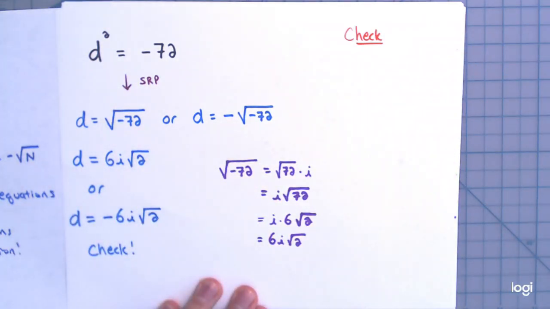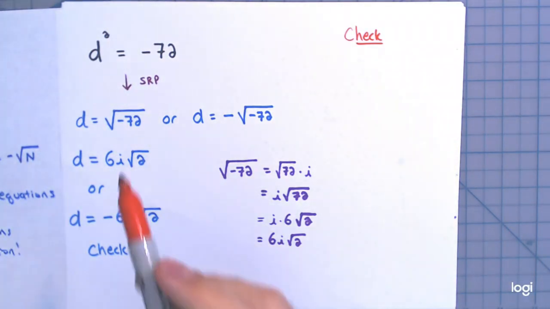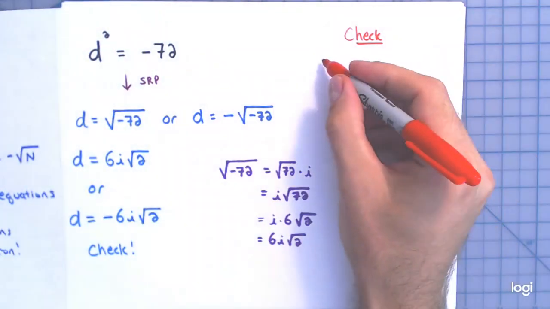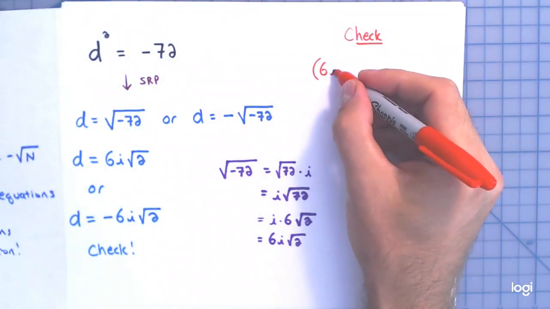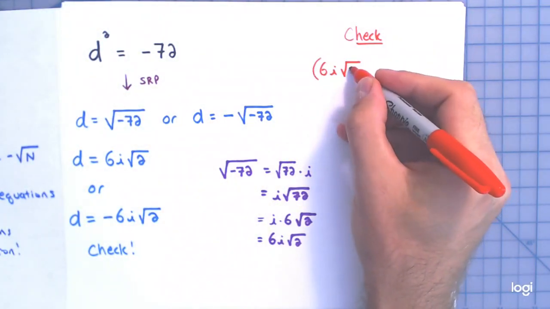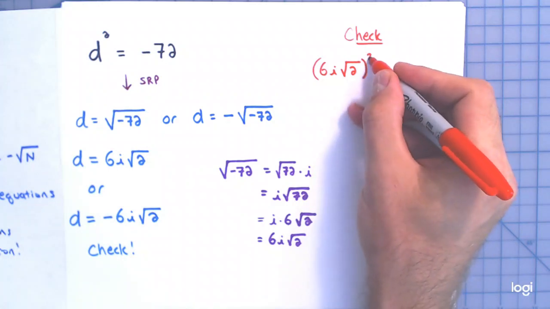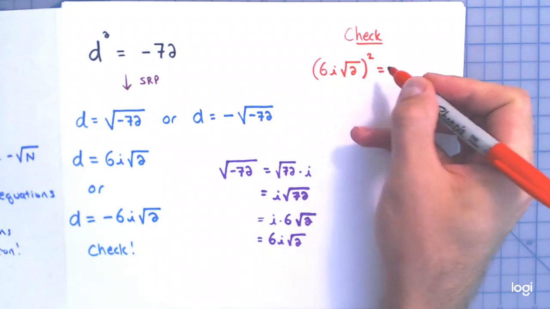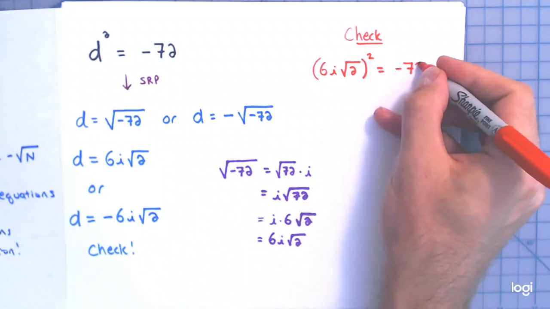I'm going to plug in 6 times I times the square root of 2 for d. So instead of d squared, I have in parentheses 6 times I times the square root of 2, being squared. Is this equal to negative 72?